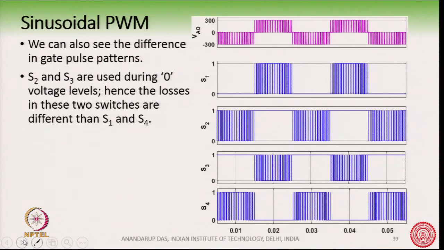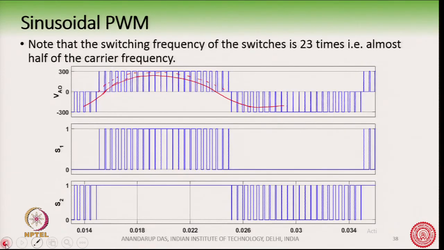We can also see it here in this diagram. So, we can see that in NPC the uneven loss distribution in the switches is a challenge, for which we have other topologies where the loss distribution has been specially taken care of.